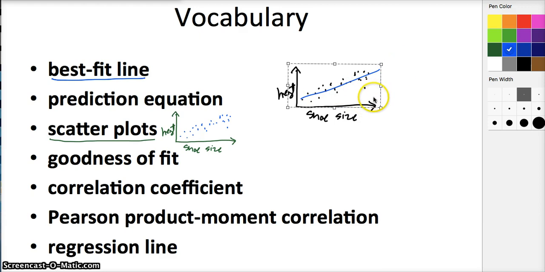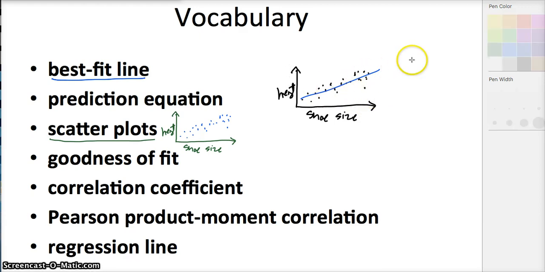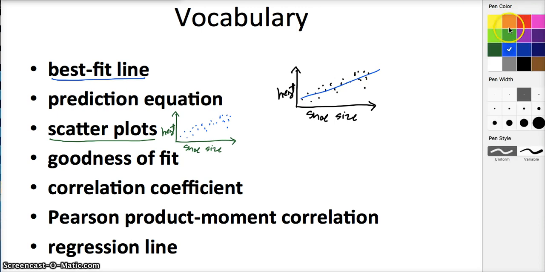And that line of best fit, if you were to find the equation of it, that could become for you a prediction equation. A prediction equation is an equation that you would use to discuss other points that are not represented in the data.